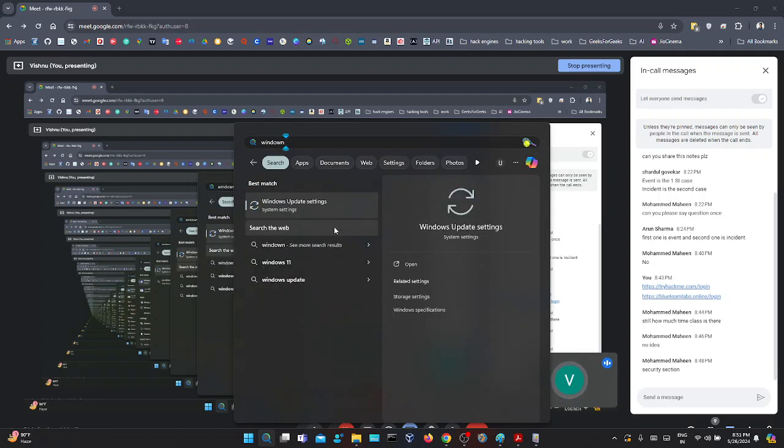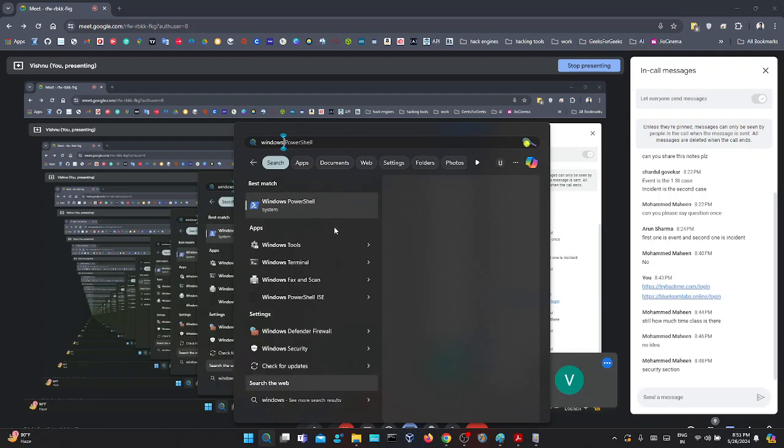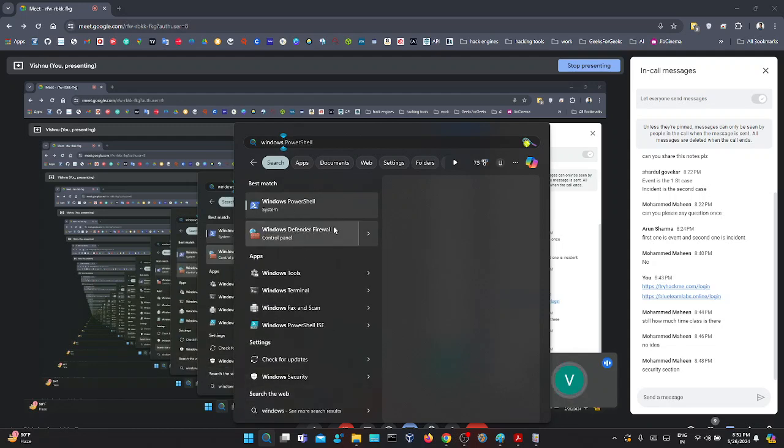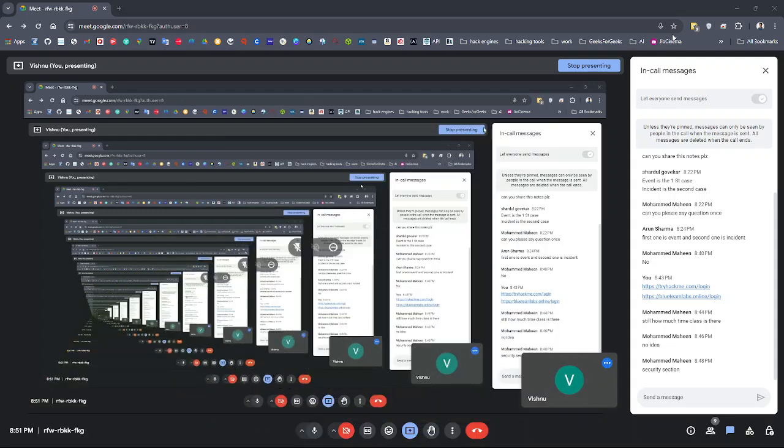Okay, there is something here. You can say Windows Defender Firewall. This is the Windows Defender Firewall, let me open this.